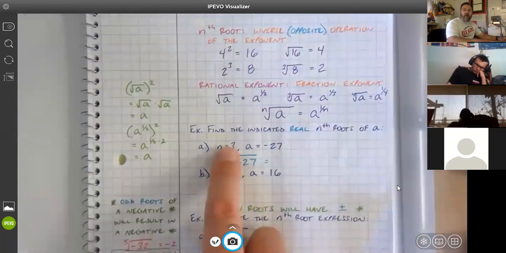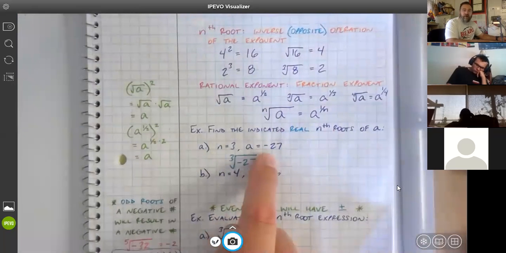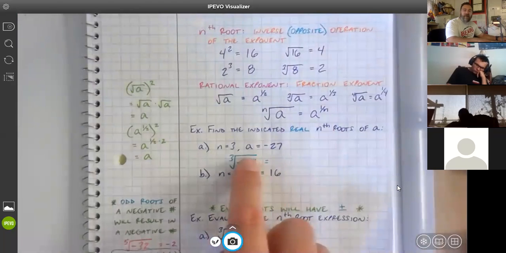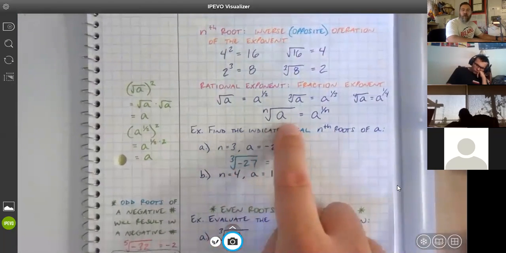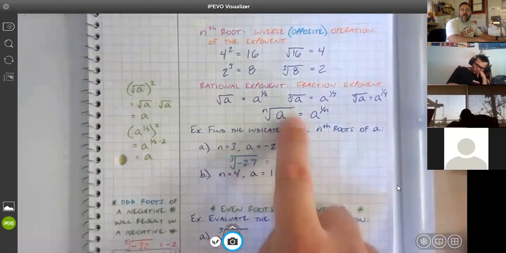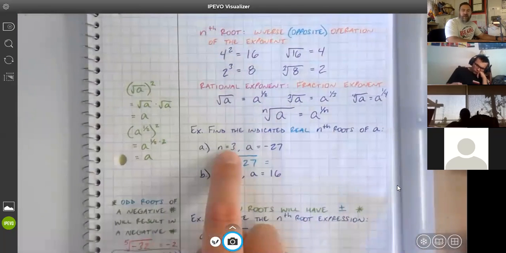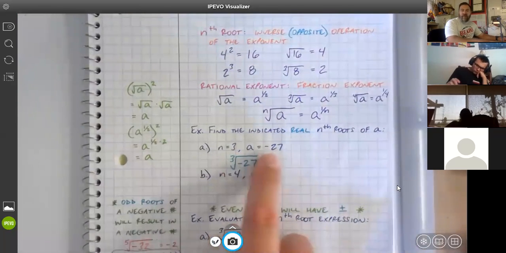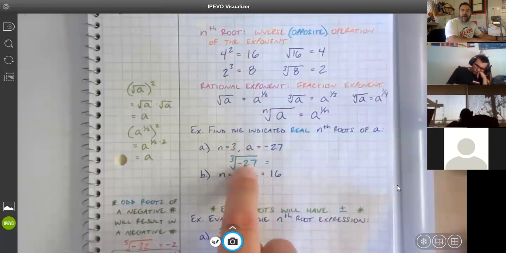They're going to tell you what root you're dealing with, and what number you're taking the root of, and then they're going to ask you to write that in radical form, like I've done here. That's the easy part. You're just basically using this format, right? N is going to represent the root. A is going to represent the value you're taking the root of. So in this case, the cube root of -27 would be rewritten this way. So A is just whatever is underneath the radical.